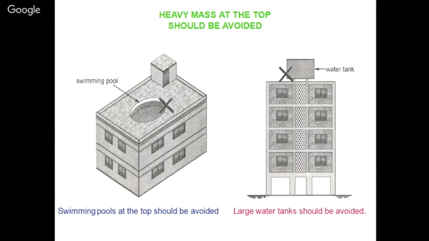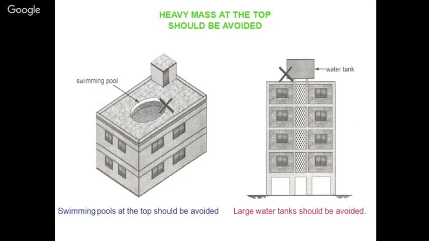Next, swimming pools and water tanks, they are lumped masses, huge masses of water, which are not suggested on the top of the buildings. Even in 5-star hotels, it is not suggested, but if they are kept at the top floors of the building, they are supposed to be properly designed for the forces they have due to the lumped mass of that water, whatever sloshing and whatever effects they are going to have at the time of an earthquake event.